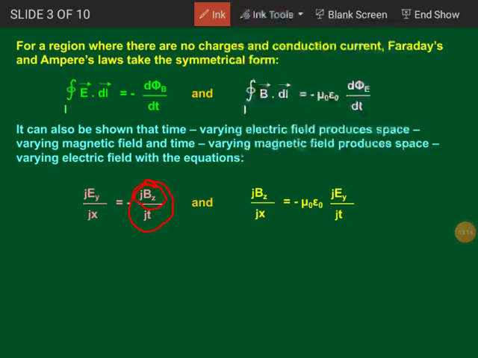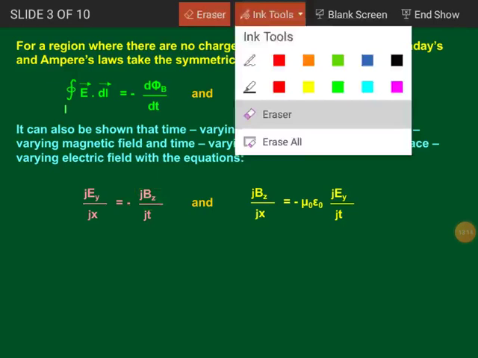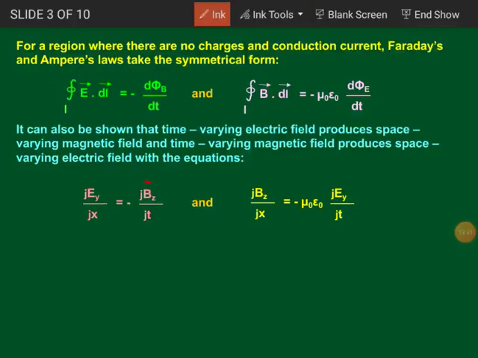So what happened? A time varying magnetic field will produce a space varying electric field.